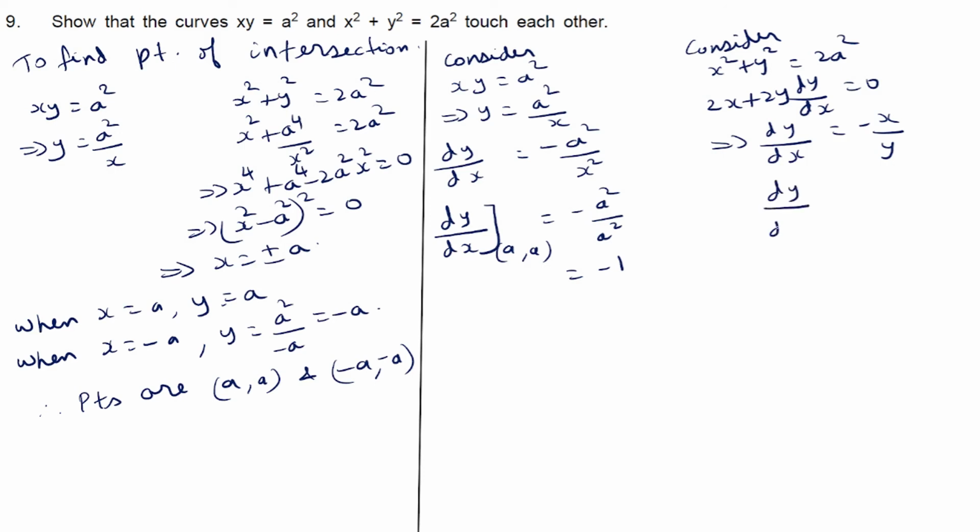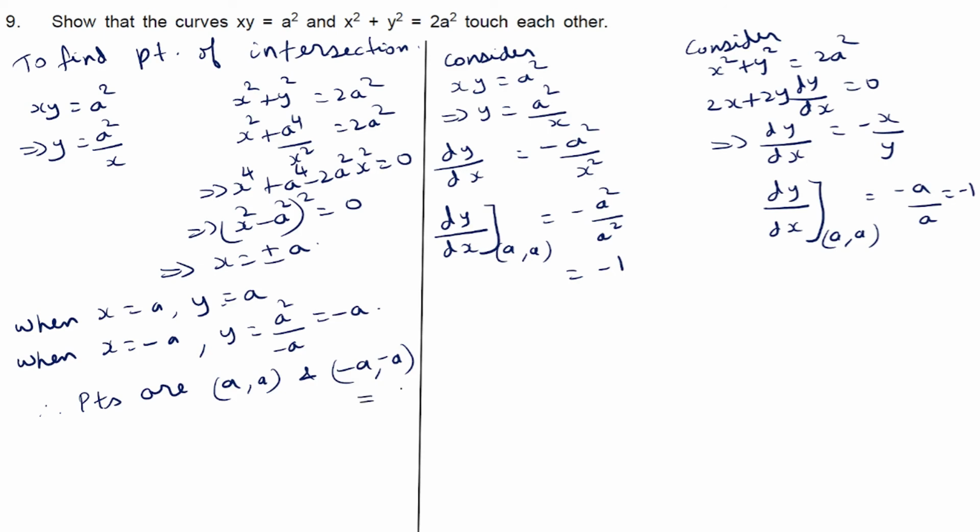Here also dy by dx at (a, a) is minus a by a, so it is minus 1. So here we can see that the slope of these two curves at this point is minus 1. So it means there is one common tangent to this curve and this curve. It means these two curves will touch at this point (a, a).